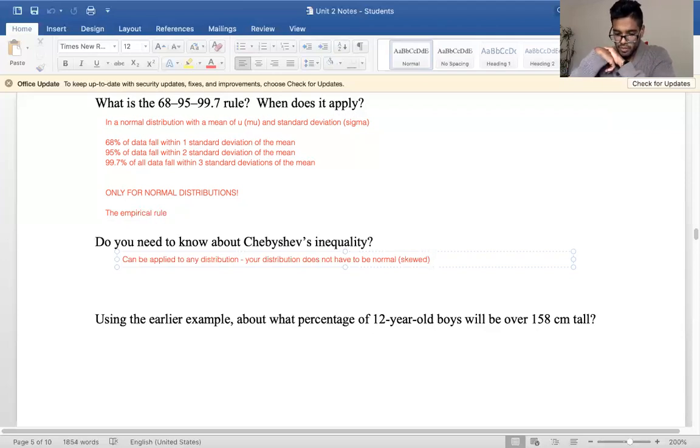And this inequality will show the proportion of observations that fall within K deviations.